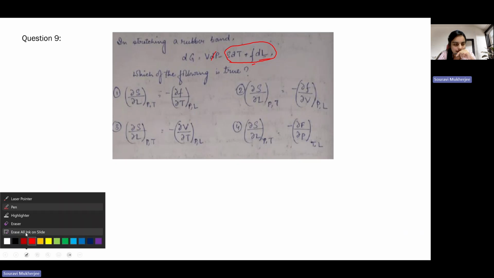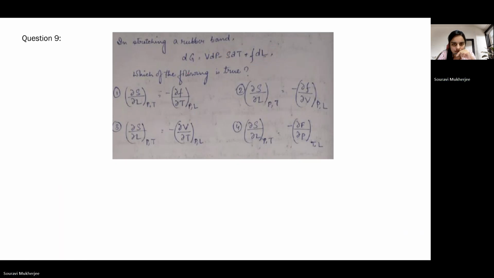Basically, along with the minus sign, these are the two terms that matter. So what can you write? You can write S in terms of del G del T at constant L, and you can write F as del G del L at constant temperature, right?